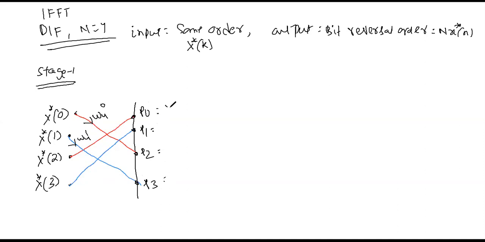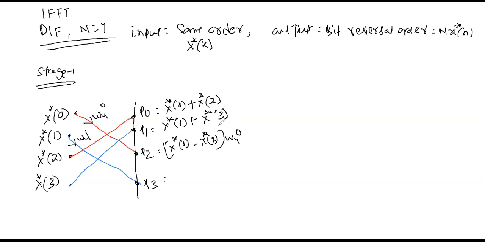P0 is X conjugate 0 plus X conjugate 2, and P2 is X conjugate 0 minus X conjugate 2 multiplied by omega 4^0. P1 is X conjugate 1 plus X conjugate 3, and P3 is X conjugate 1 minus X conjugate 3 multiplied by omega 4^1. So this is the stage 1 calculation.